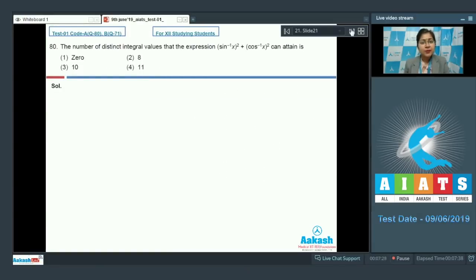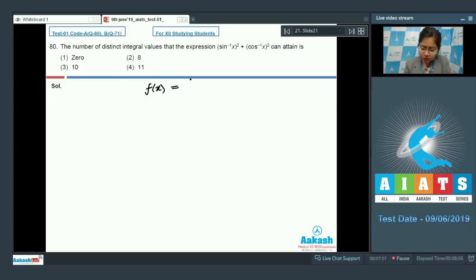Next is question number 80, which says: the number of distinct integral values that the expression (sin inverse x) whole square plus (cos inverse x) whole square can attain is. We have already discussed this type of question: to solve this we will convert cos inverse x into sin inverse x, or we can convert sin inverse x into cos inverse x. So we can write it equal to f(x).